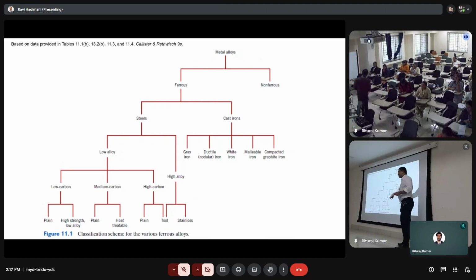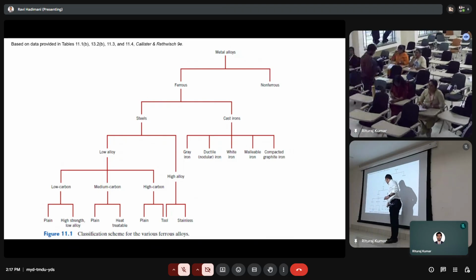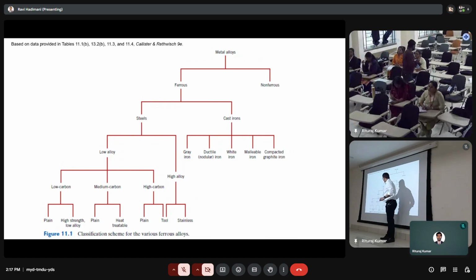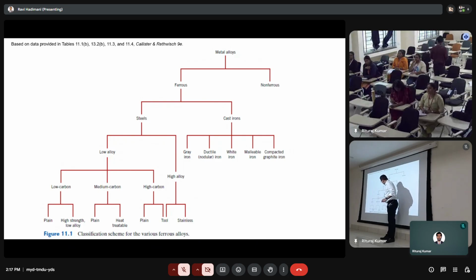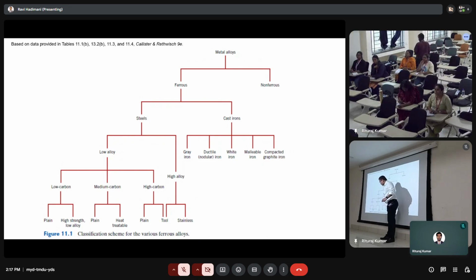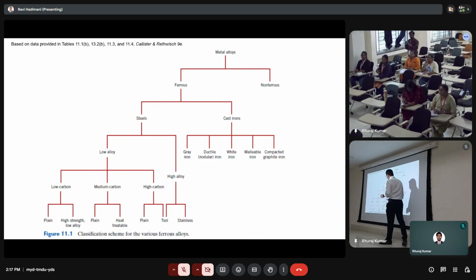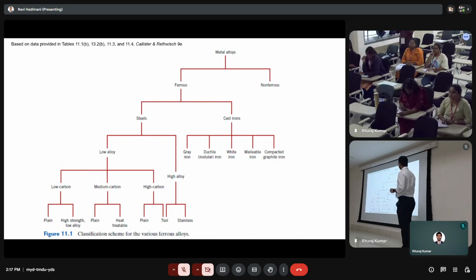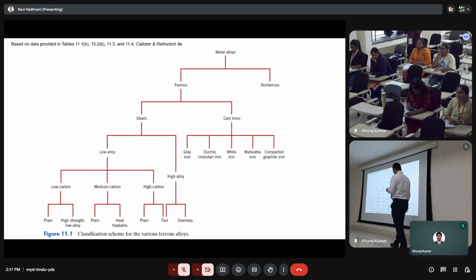I think stainless steel is not just in high strength alloys. You have stainless steel because you have additional elements in the steel. In iron and carbon, you add something else to get stainless steel. And these are useful for tools.